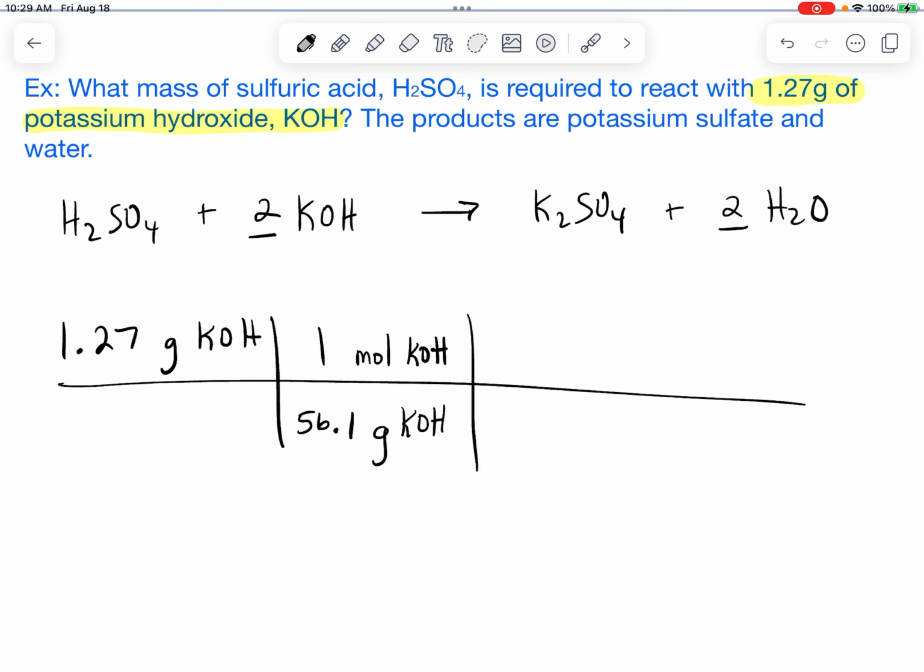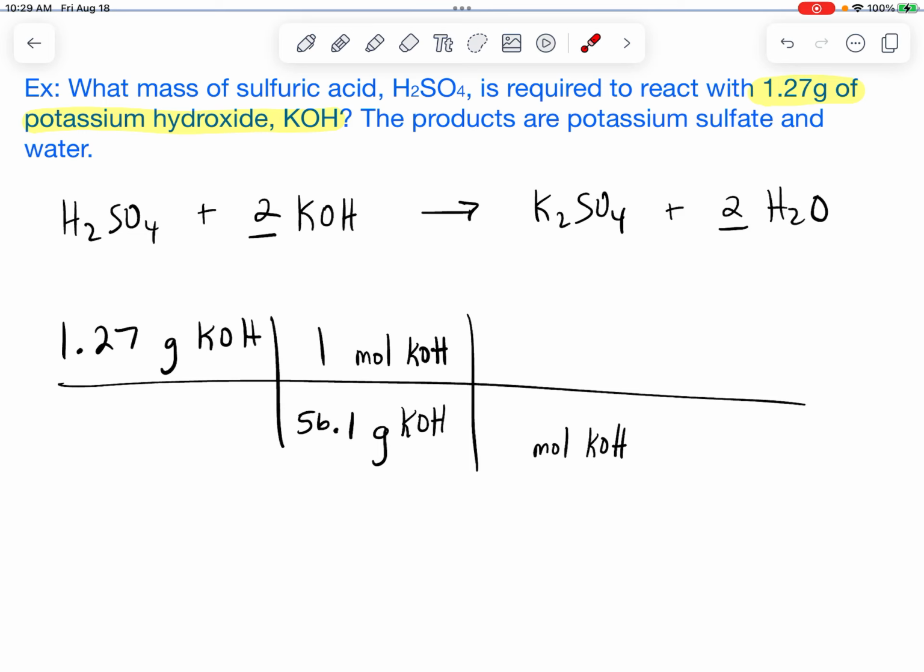All right, and then we continue that process. If I have moles of KOH on top, the only way to get rid of it is to put it on the bottom. So we're going to put moles of KOH here. What's our unit conversion factor in this section of the T-chart? Well, if you've ever heard of a mole-to-mole ratio, that is what we are doing at this point. So this is where we need to look at our balanced chemical equation.